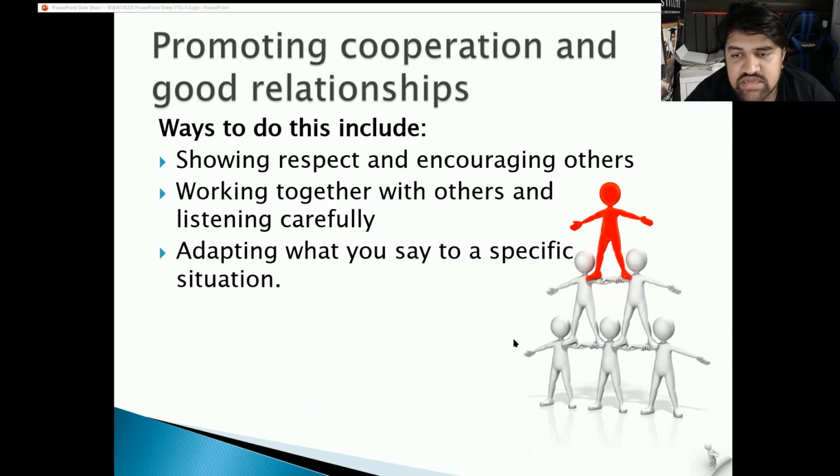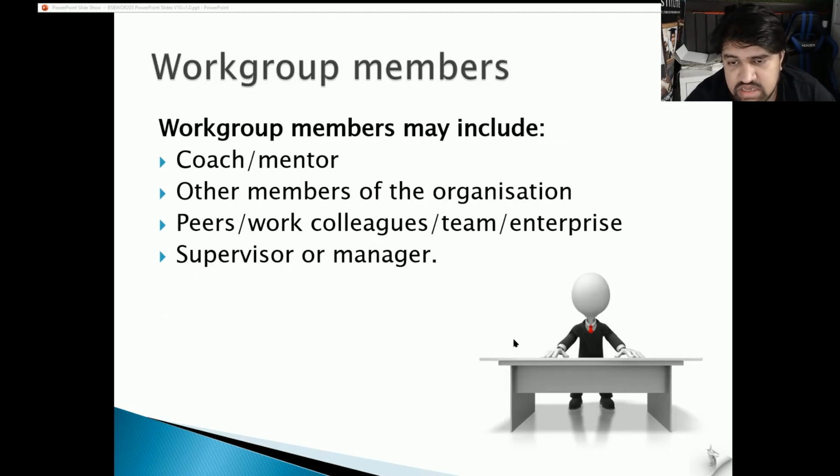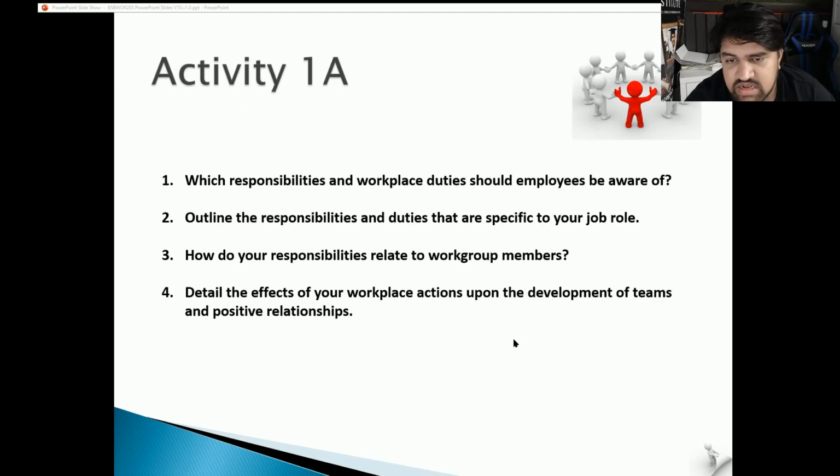So for that, we've got your job description, the employment arrangements, any training or any qualifications, any environmental sustainable practices that might be in play, the code of conduct, the supervision requirements, and the structures of the team. Okay, so include at least 4 to 5 of those, and then let's move on to the next one.